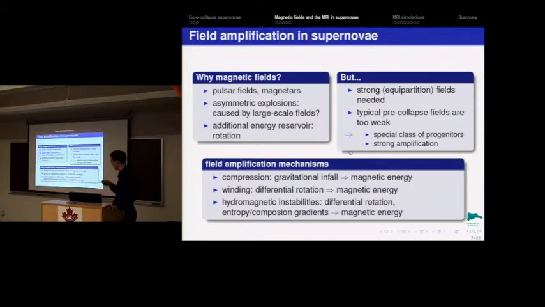And furthermore, you can have different kinds of hydromagnetic instabilities which feed off the energy in the differential rotation, as in the case of the magneto-rotational instability, or, as in the case of convection, feed off entropy or composition gradients.